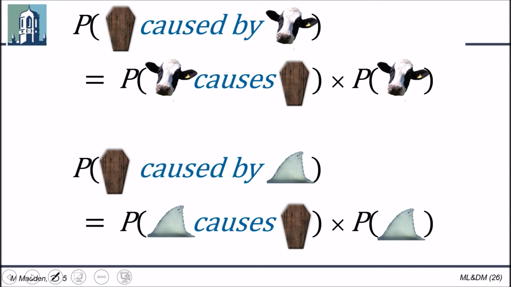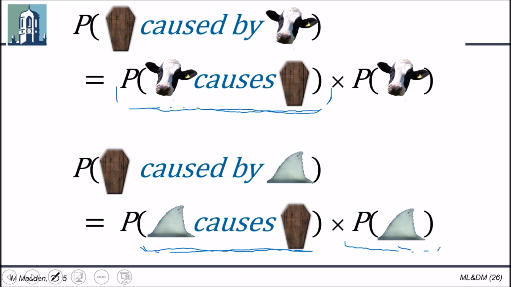So, these breakdowns of deaths caused by cows and deaths caused by sharks, when we decompose the probabilities, I think, capture the kind of intuition that you probably had, which is that the probability of an individual shark causing a death is fairly high, but the probability of encountering sharks is actually quite low, because people tend to stay away from sharks. Conversely, the probability of some individual cow causing death is low, but the probability of humans in general being near to cows, encountering cows, is very high.